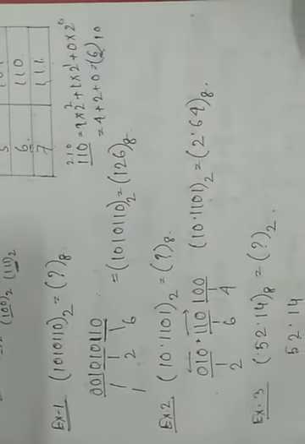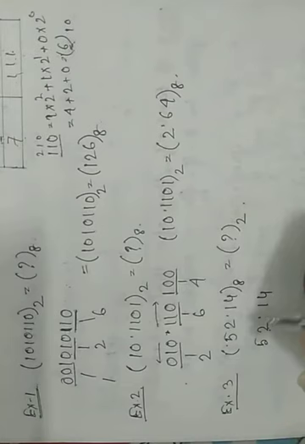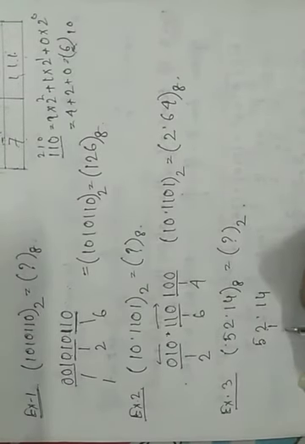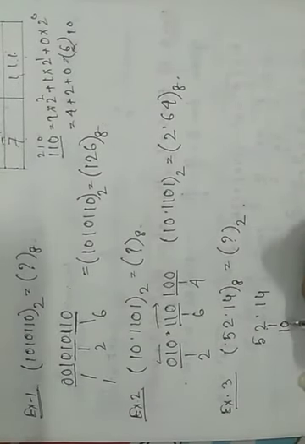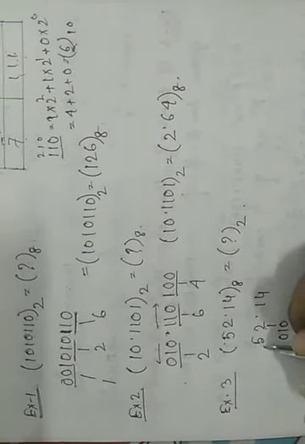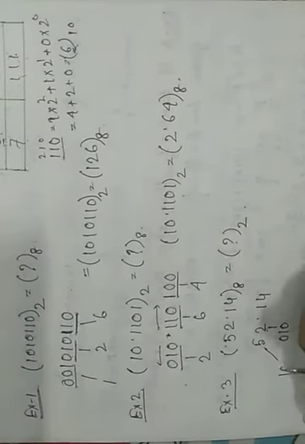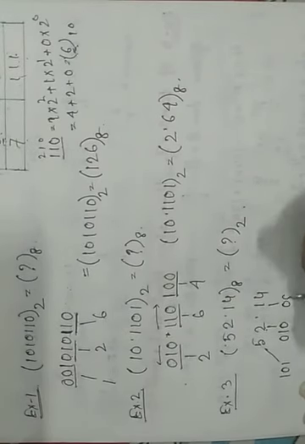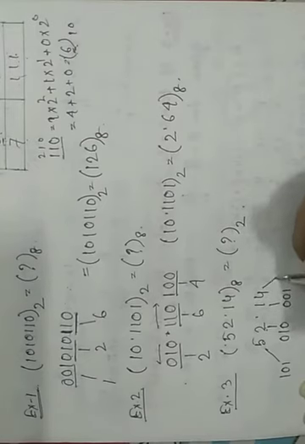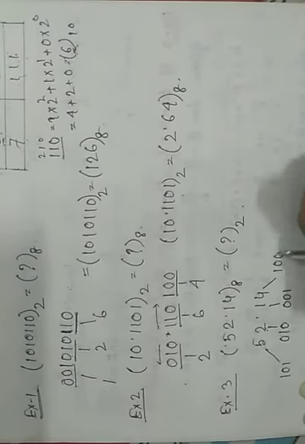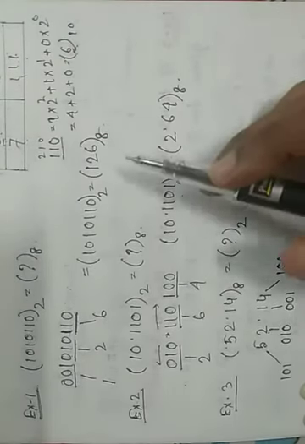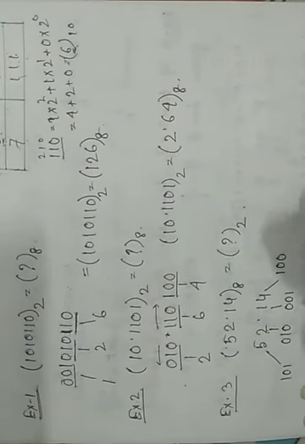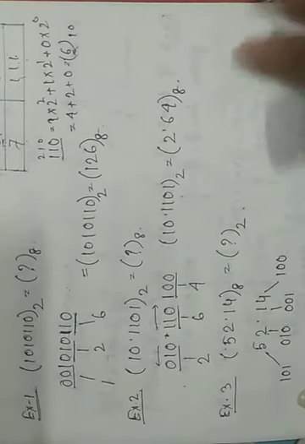So for the value of 2, its value is 010. For the value of 5 it is 101. For 1 it is 001. For 4 it is 100. You can get this value from the table. I have already remembered these values, so that's why I can write them directly.